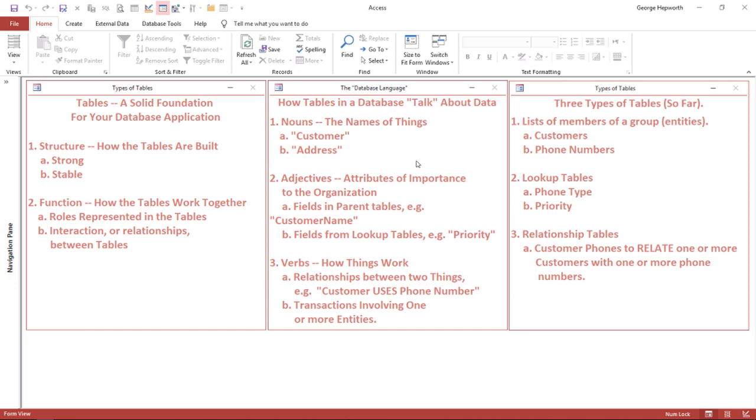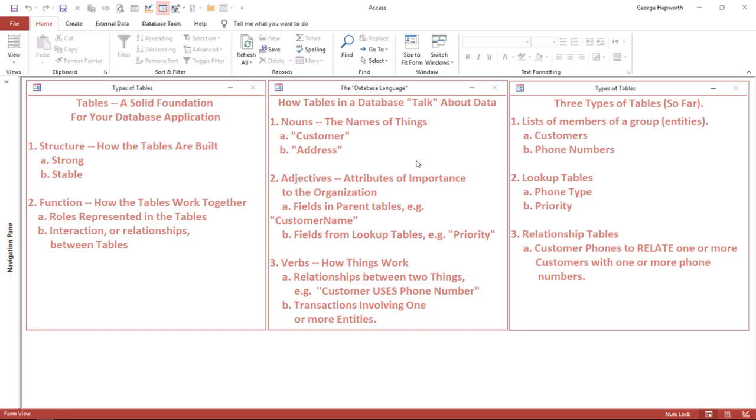The third type of table we've looked at, I think of as relationship tables. And relationship tables are essentially the many-to-many junction tables that allow us to indicate how two entities interact one with the other. Customer phones, for example, is a junction table which relates one or more customers with one or more phone numbers. So one customer can have multiple phone numbers.